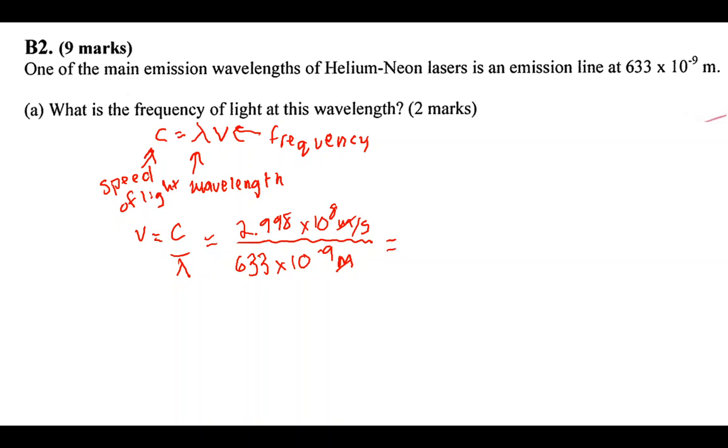And that should give you an answer of 2.98 times 10 to the 8th divided by 633 times 10 to the negative 9th.